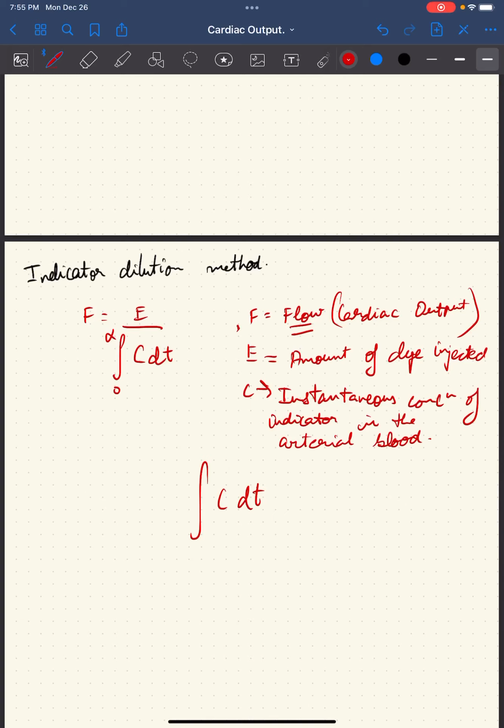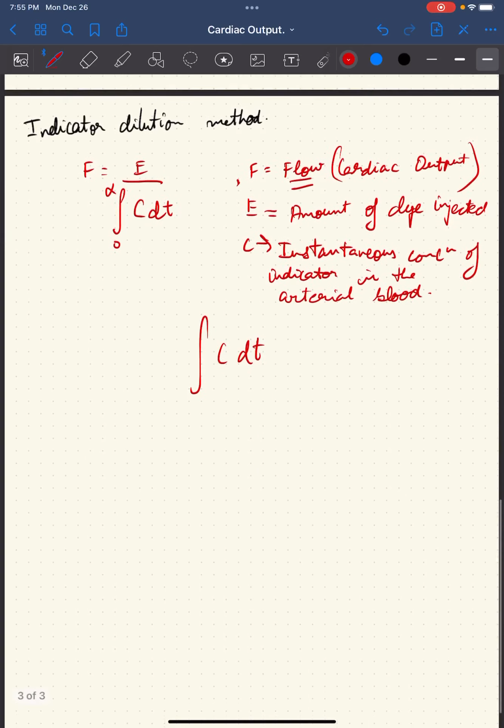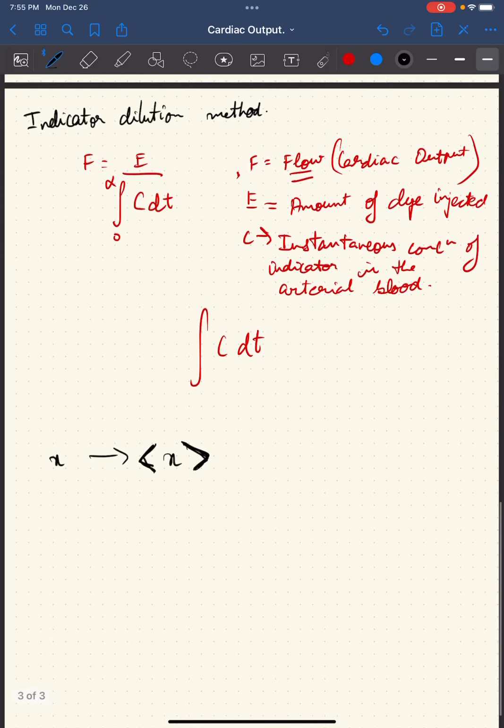Suppose we have a quantity called x, a parameter that changes with time, right? If we want to find the average quantity of x, we indicate average by this symbol. So the average of x, we know, is integral x dt over integral dt.